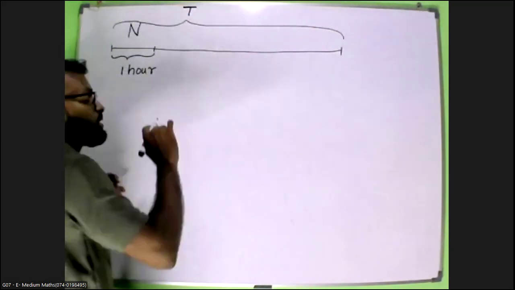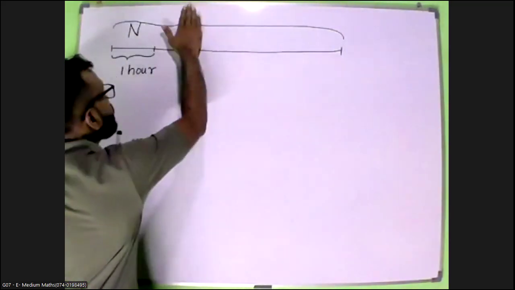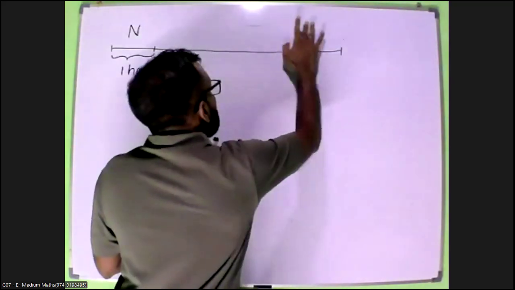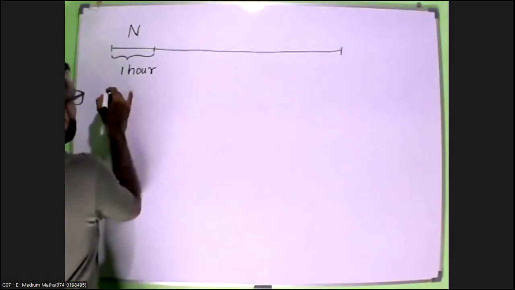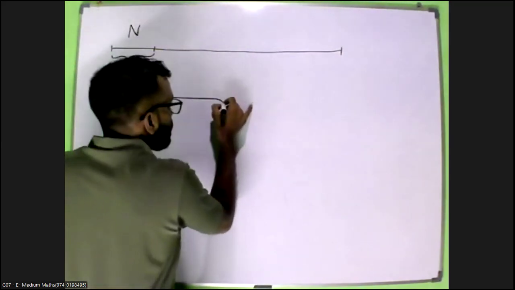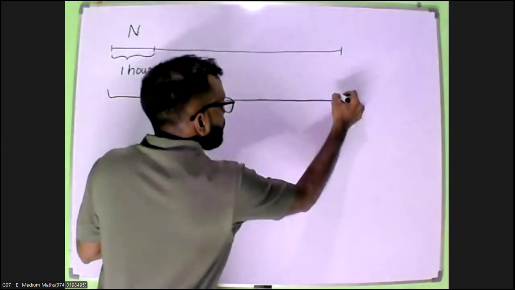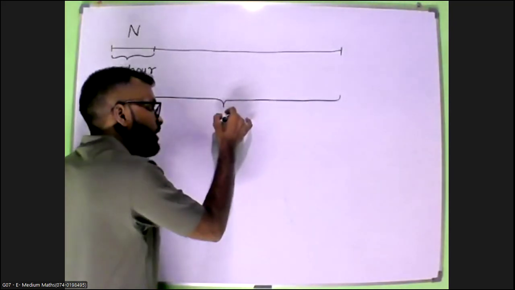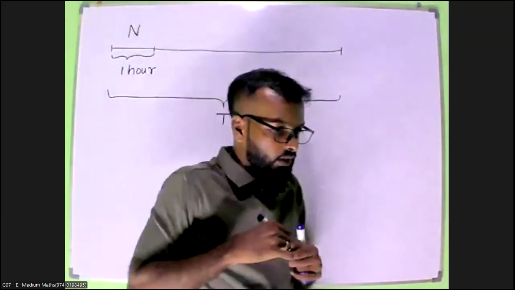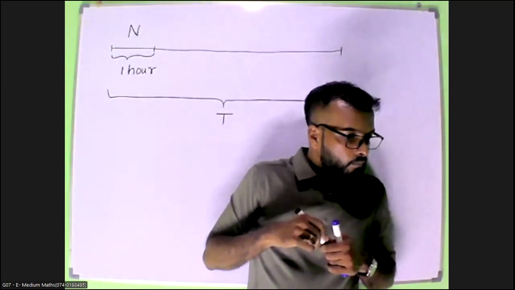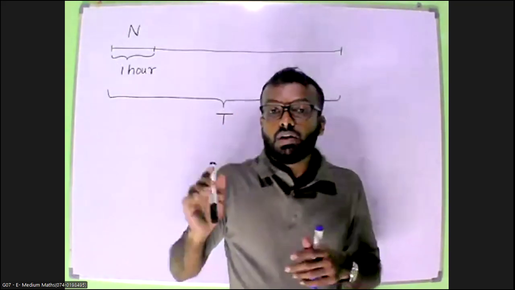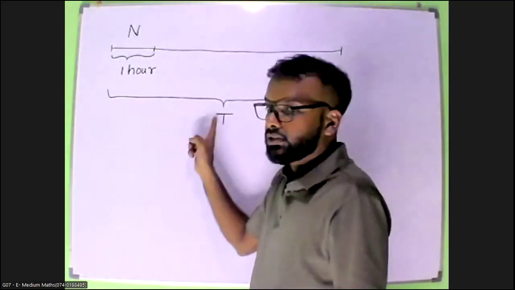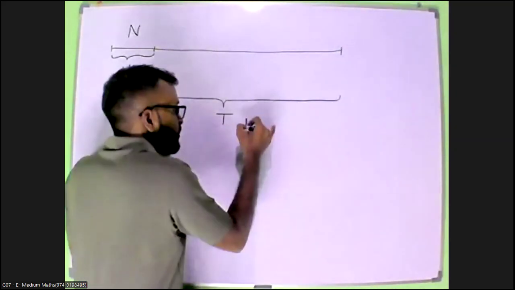Total number of packets, okay, I will draw it below. From here to here, the total number of packets produced is capital T. This is the total number of packets, capital T packets.